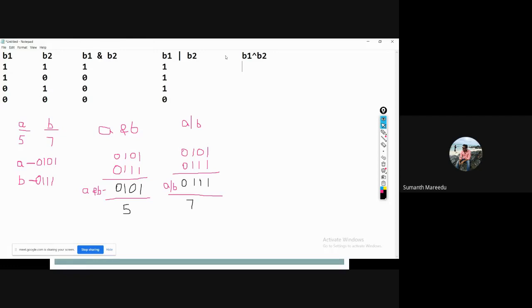That means if both are ones or both are zeros, the result is 0.